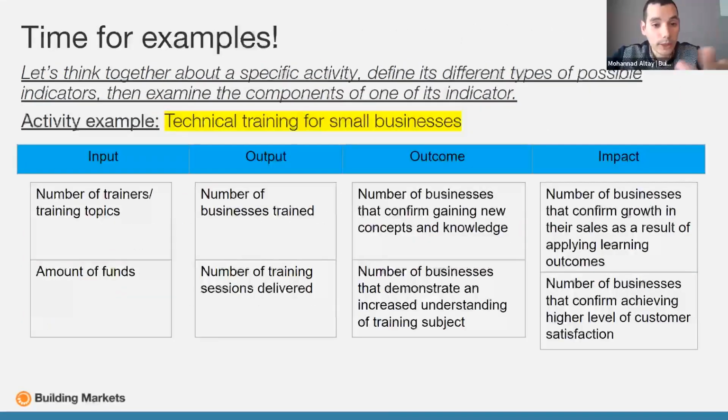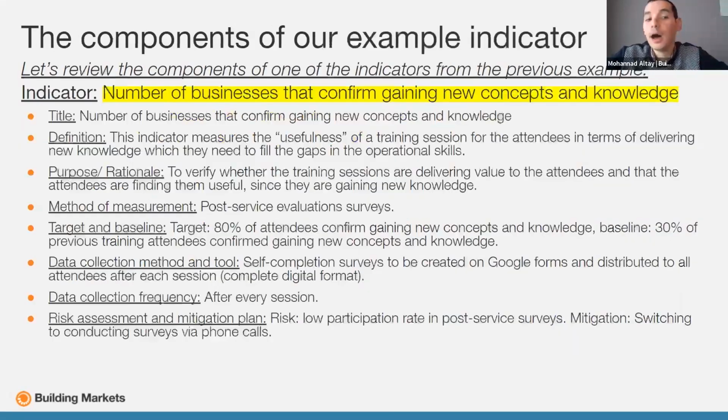So I'm going to go back to this slide, and here we will select one of the 8 indicators in front of us. We have 8 indicators related to one service. Let's select the outcome indicator that says number of businesses that confirm gaining new concepts and knowledge as a result of our training services. So let's review together its components.